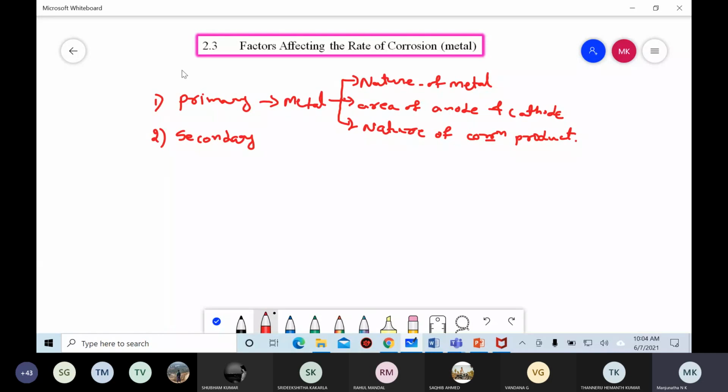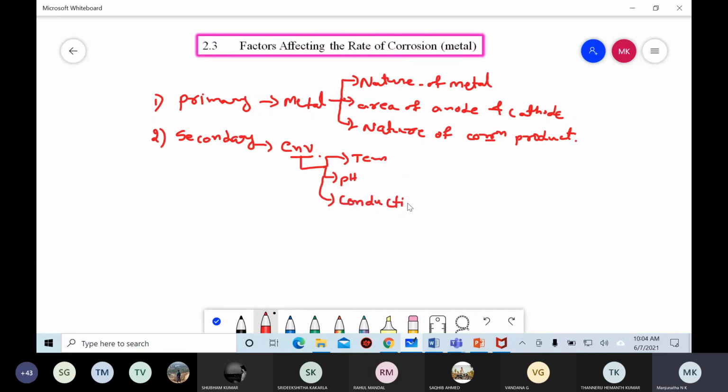Coming to the other one, the secondary factors, which are due to the nature of the environment. In the nature of the environment also, there are three examples: one is temperature, another one is pH, and another one is conductivity.